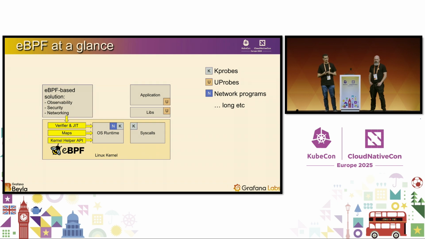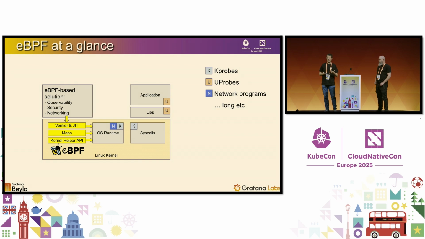We are using many types of eBPF programs. eBPF is not something like, okay, I deploy a single program and it does everything. eBPF runs or injects multiple small and limited programs into different parts of your stack. In the operating system runtime, you can load network programs in your network stack.